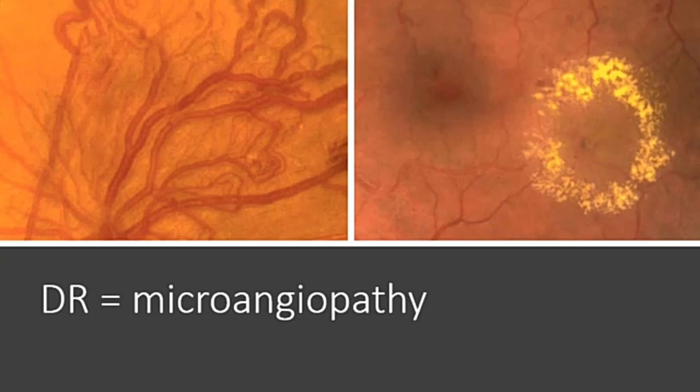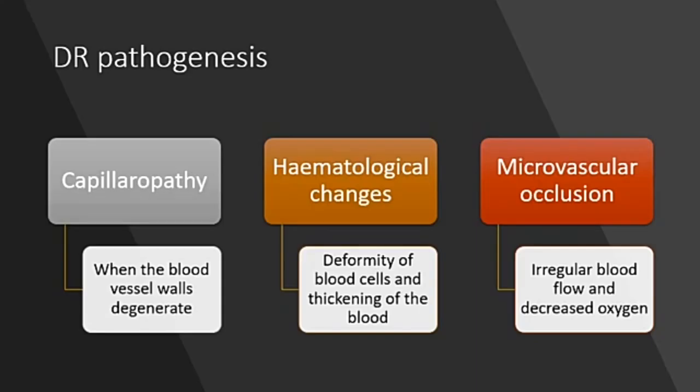You should be familiar with the signs of occlusion and leakage in the retina before you come to understand the pathogenesis and signs of diabetic retinopathy. So what happens to blood vessels in the presence of diabetes? Well, high blood sugar causes several things to occur in the blood vessels.